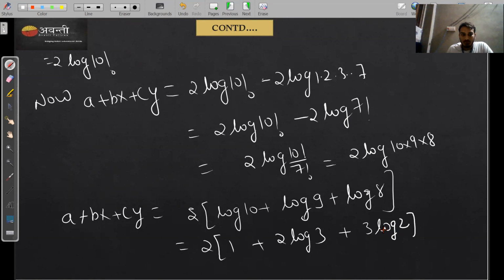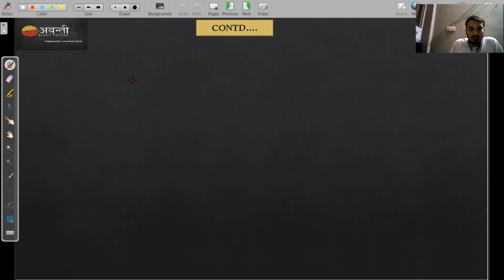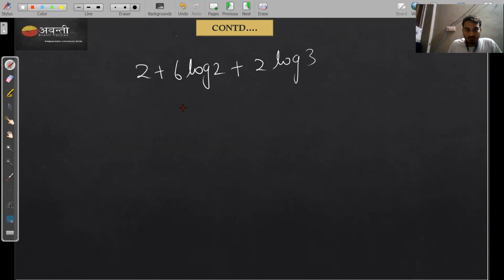This is 3 times log 2, right? So it becomes 2 plus 6 log 2 plus 2 log 3, right?